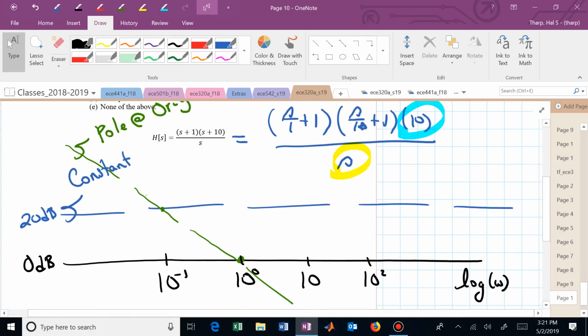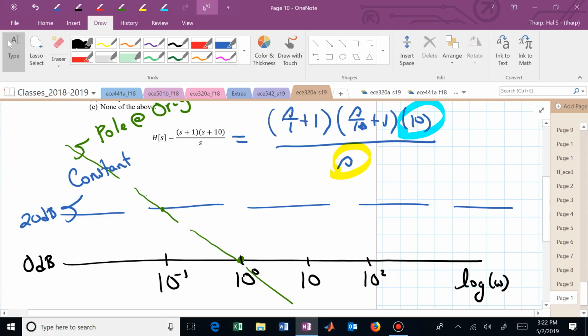How do I draw this one? Does it break? At low frequencies, is it really going to be 0 dB? The factor I'm talking about now is s over 1 plus 1. At low frequencies, what does it look like?